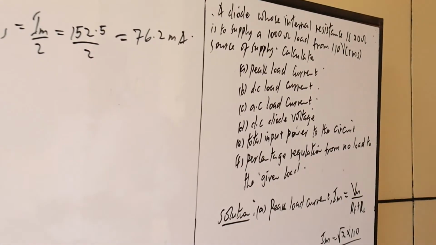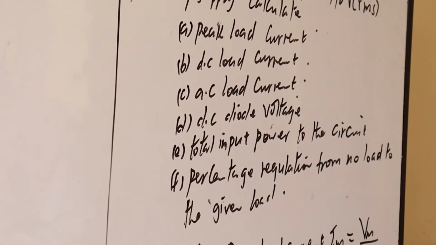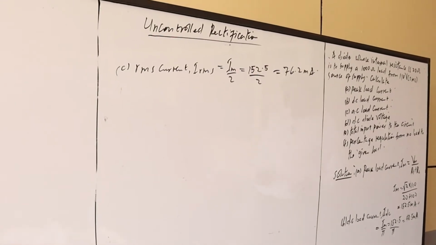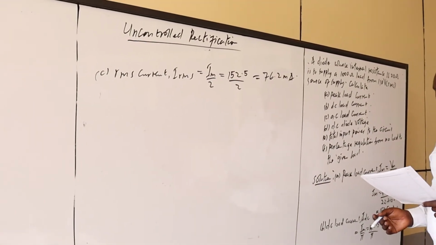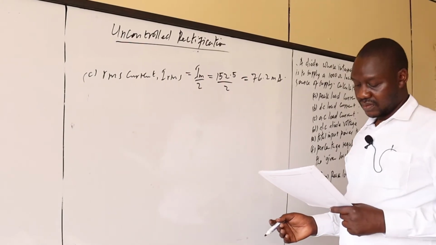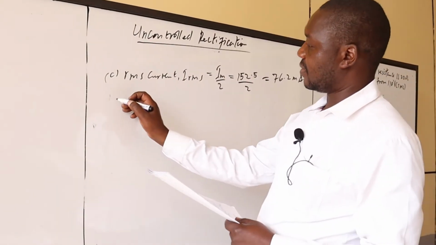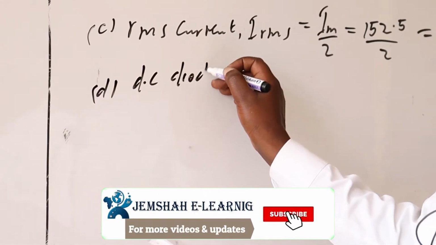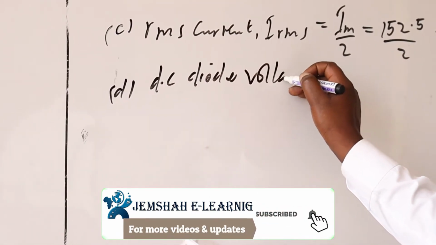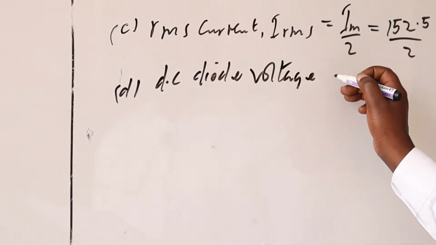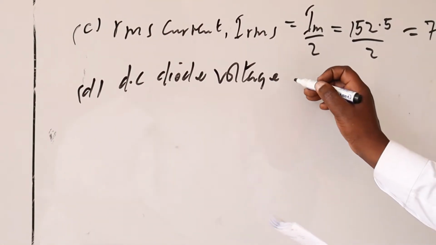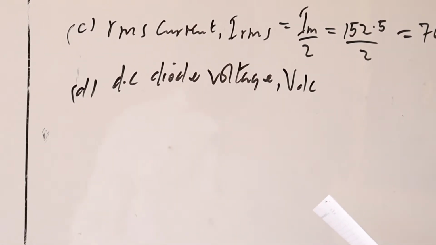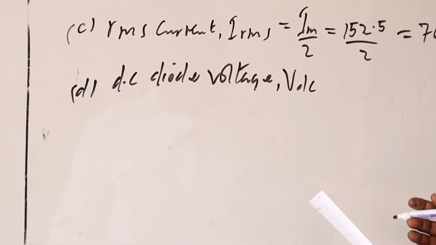We go to our part D, DC diode voltage. That is our VDC, which will be IDC times RL.